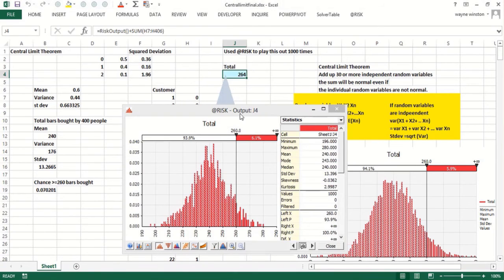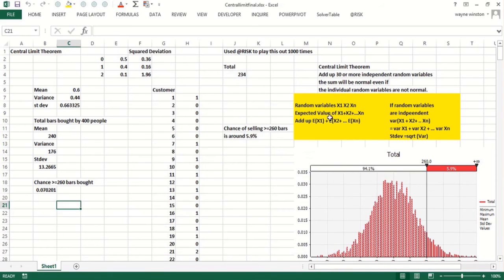So then I can get a graph here, and I could say the chance of 260 chocolate bars or more, I get 6.1% this time. So our approximation is pretty good. I got 7% rather than 6%, and that's very, very close.